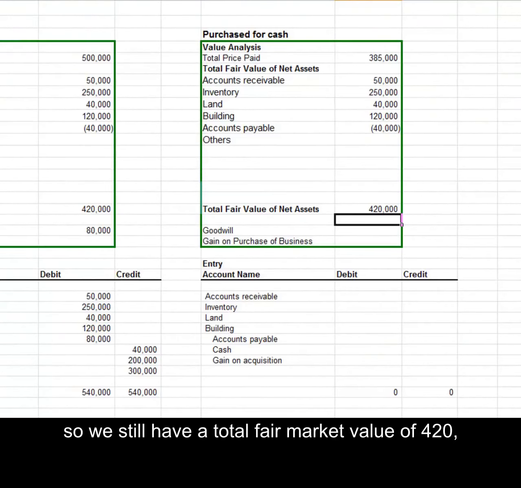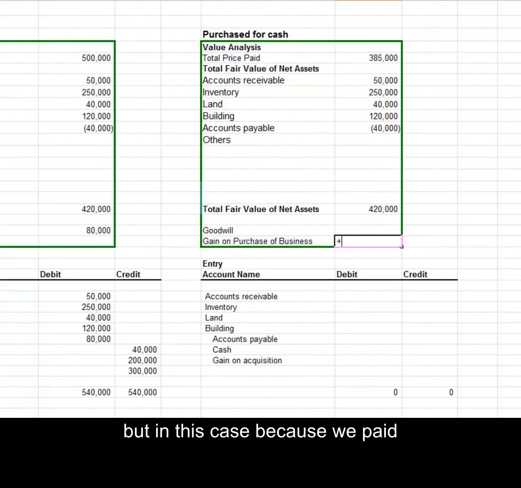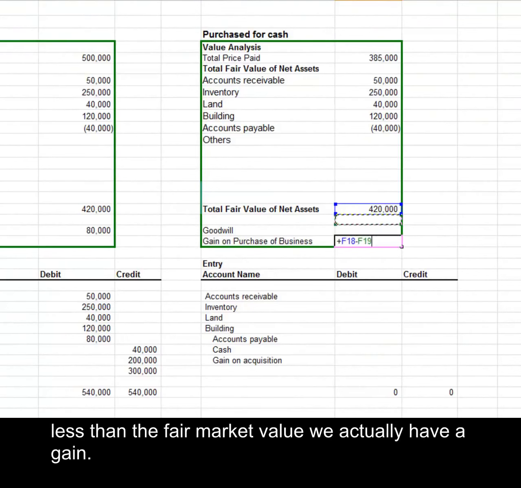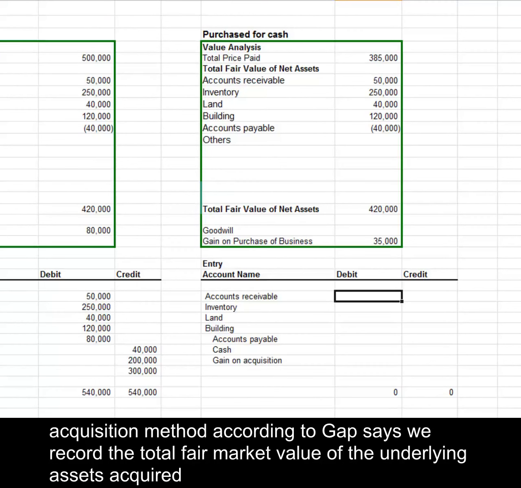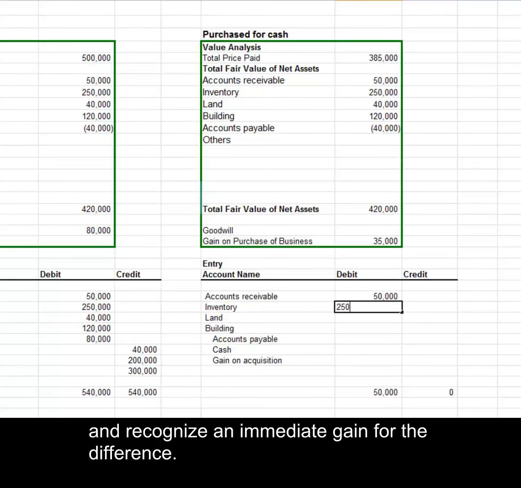So we still have a total fair market value of 420, but in this case, because we paid less than the fair market value, we actually have a gain. In essence, we got a bargain in this scenario, and therefore the acquisition method, according to GAAP, says we record the total fair market value of the underlying assets acquired and recognize an immediate gain for the difference.